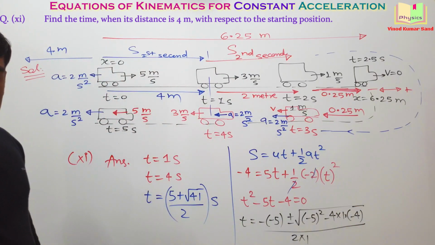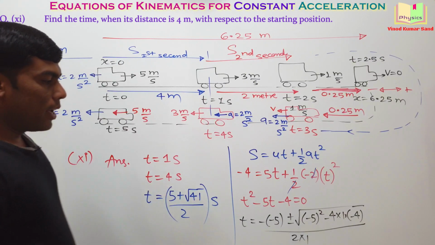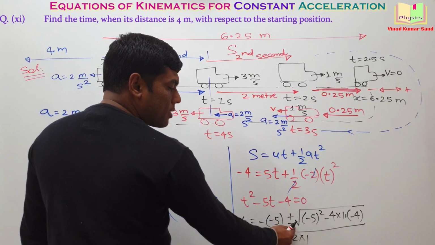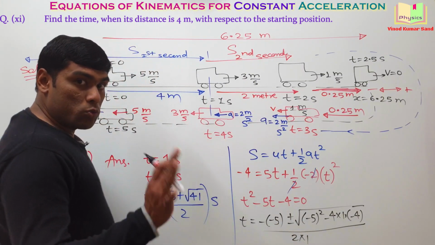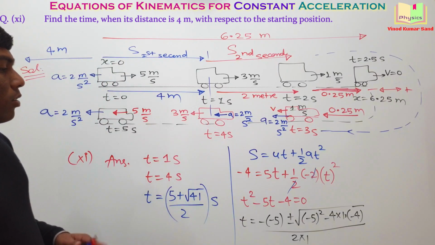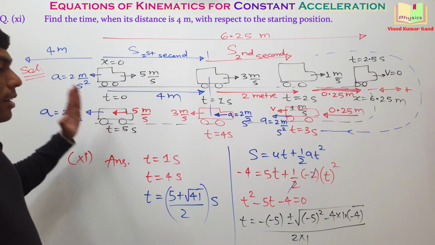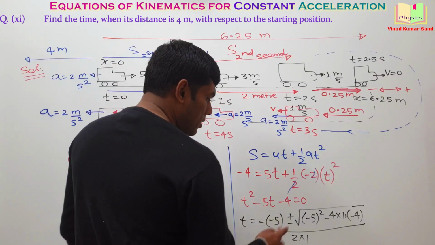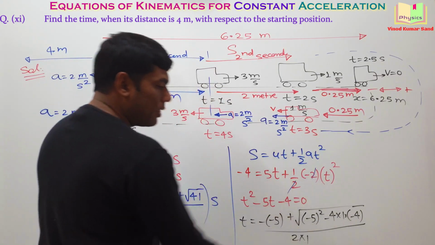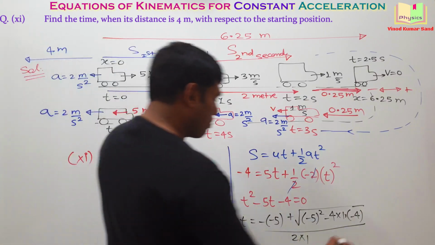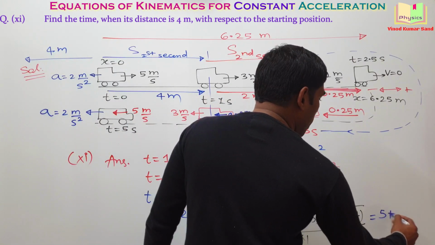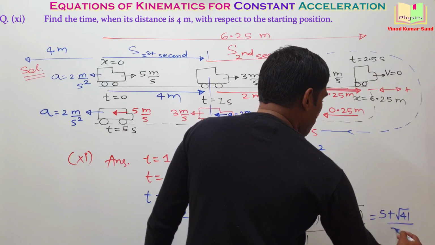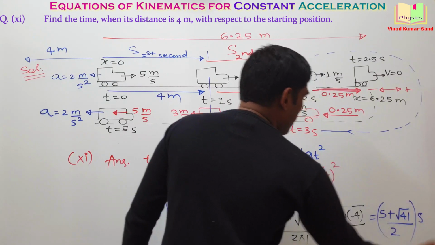Is it okay? I hope you remember all these computations, how to do them. Here we cannot consider this negative sign because we know that the value of time is greater than 5.5 second for this displacement. So I have to discard this negative sign, and then you can simplify. When you simplify, it will come out to be (5 plus root 41) by 2 second.